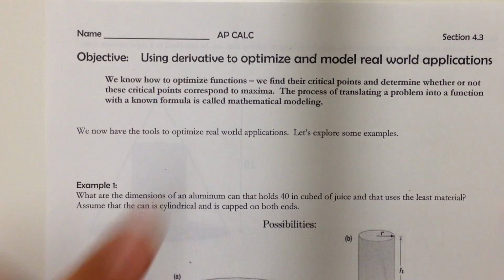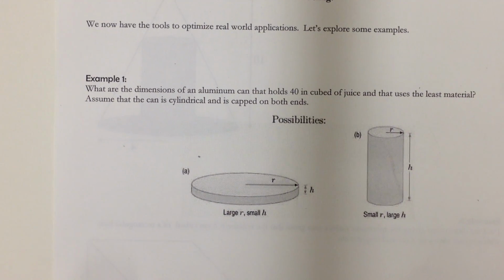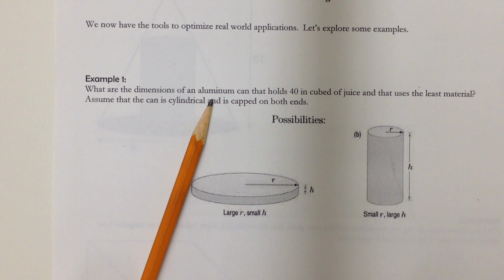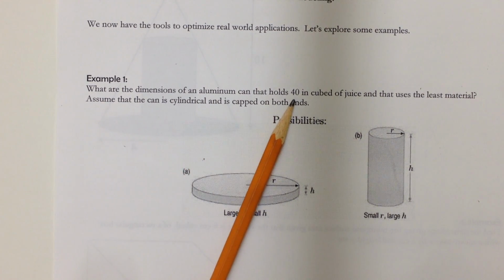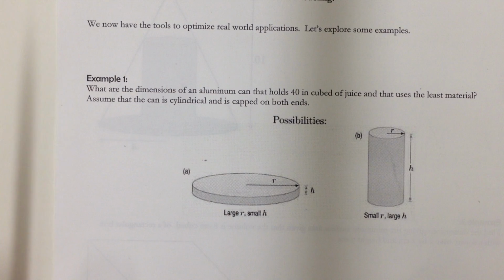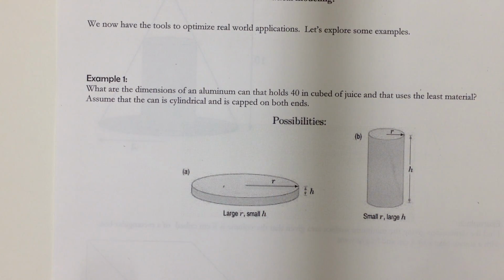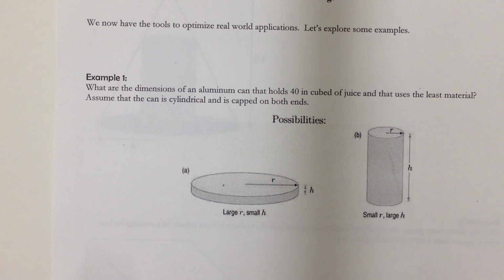first derivative. Say we want to build a cylindrical container that can hold 40 cubic inches of juice, and we want to use as little material as possible to develop this can.